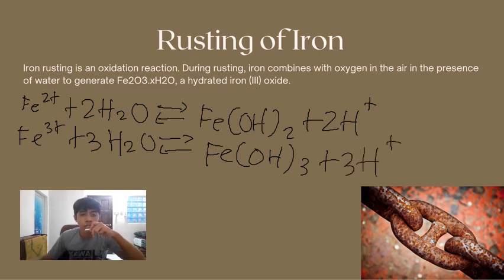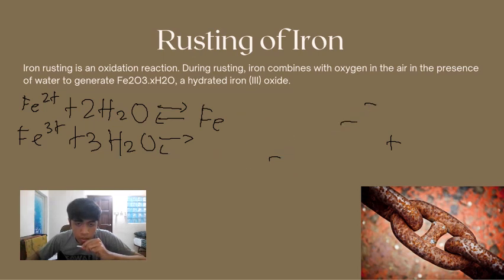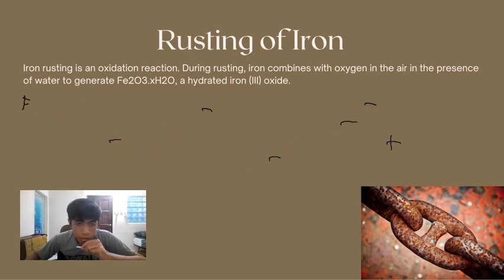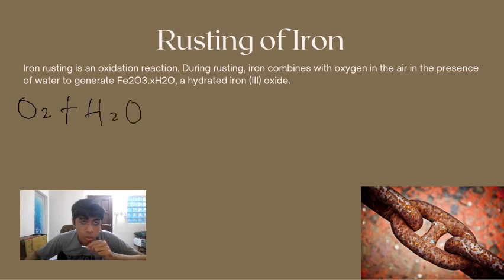The direct reaction between the iron cations and the hydroxide ions also produces iron hydroxides. These are the iron hydroxides. O2 + 2H2O + 4e- → 4OH-.